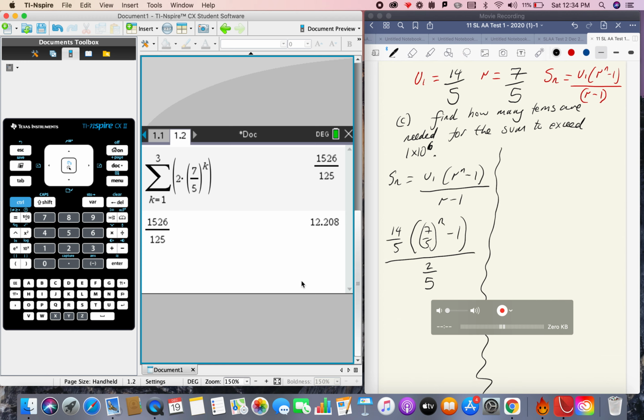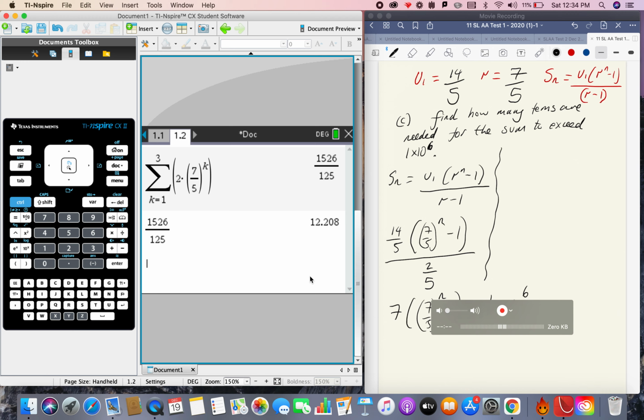14 fifths divided by 2 fifths is actually 7, so this simplifies to 7 times 7 fifths to the n minus 1. And we need that to be bigger than 1 times 10 to the 6. So actually, we can do this quite algebraically with logarithms.